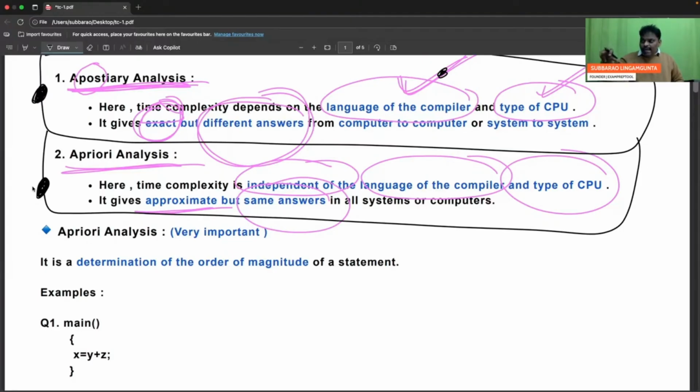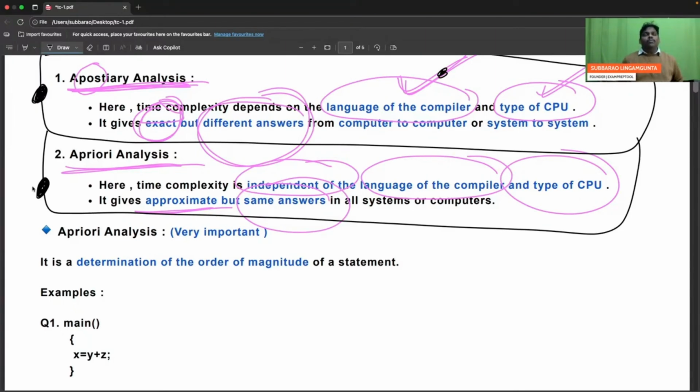If you take action based on the real things, that is called relative analysis, which is called posterior analysis. If you don't take real things, that is called priori analysis, which is called approximate analysis.